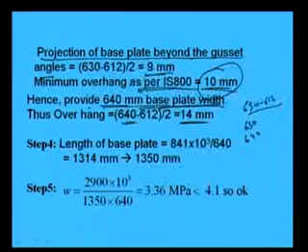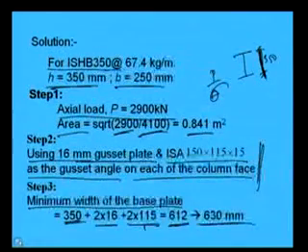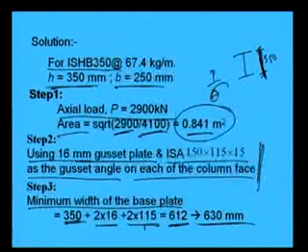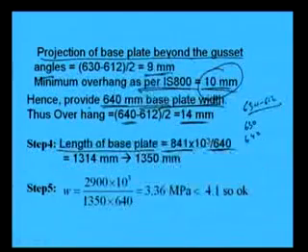Now length of base plate will become 841 into 10 cube by 640. 841 into 10 cube is the total area, so area by width is equal to length. So let us use 1350.